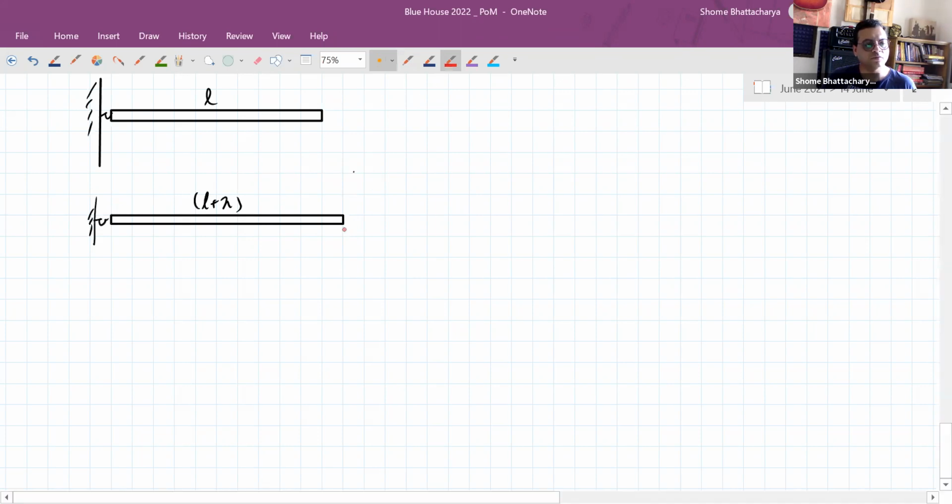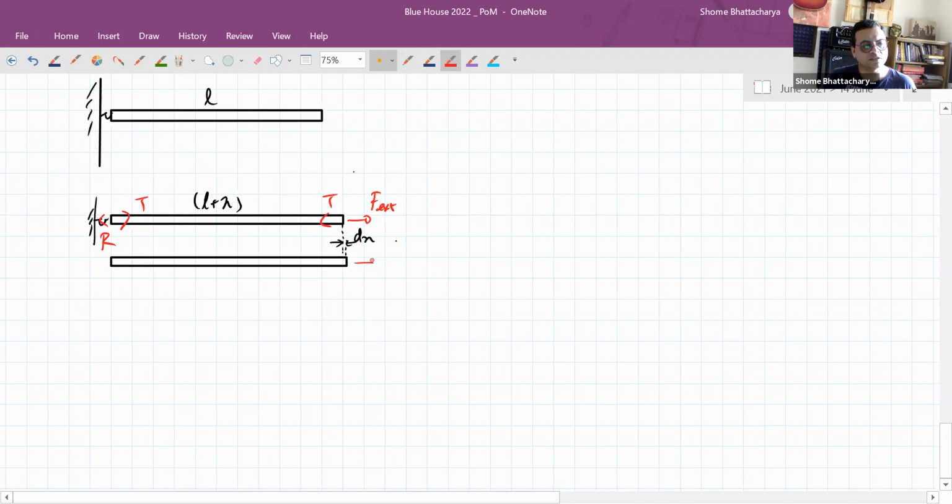under the action of external force, which will of course generate a tension, and there will be some kind of a reaction force at the connection point with the wall. Now in a small time dt, if we further extend it by dx, this has undergone a further small displacement of dx.